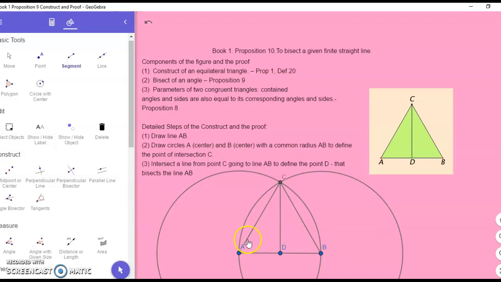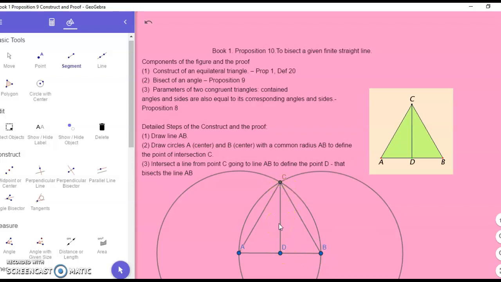So we have the first pair of equal sides, AC equal to side CB. And also side CD is equal to itself.